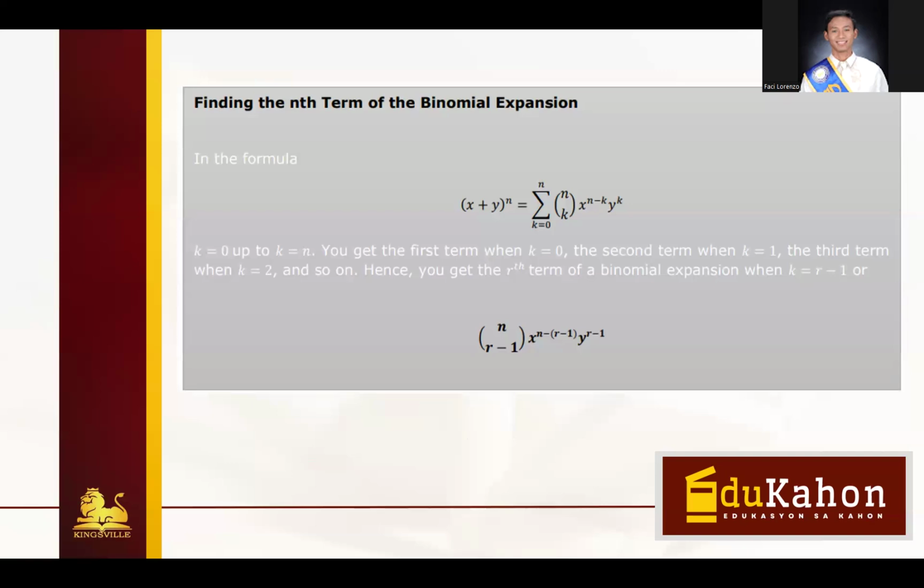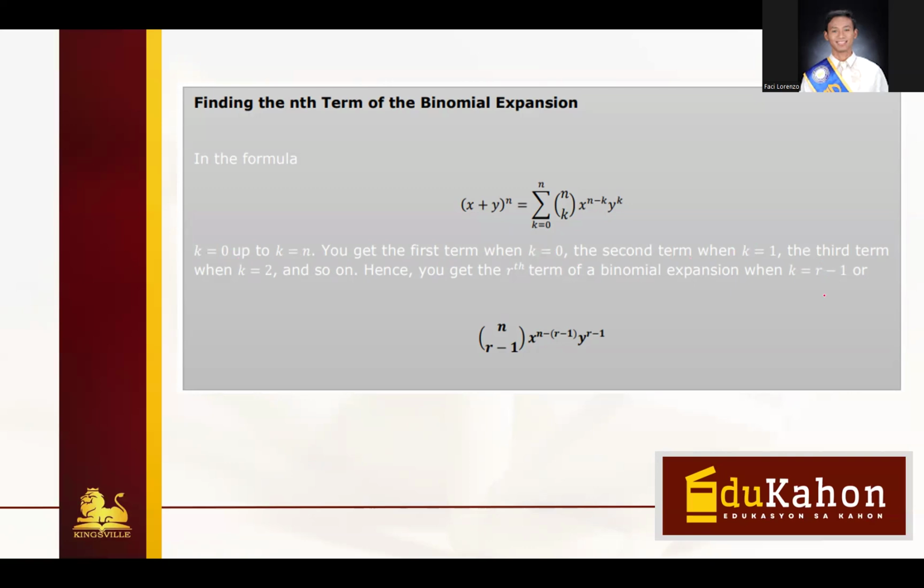Notice that if your k is equal to 0, then you will be getting the first term. And if your k is equal to 1, then you are left with your second term. And for example, if k is equal to 2, you are left with your third term.